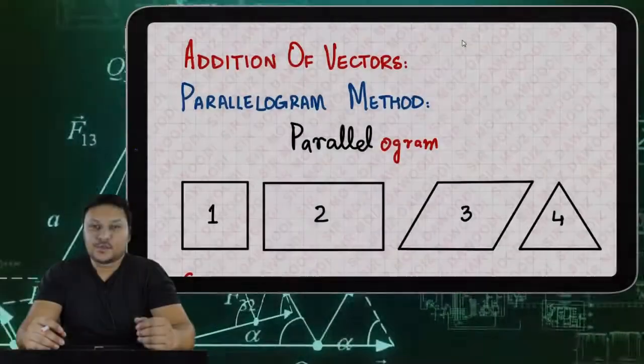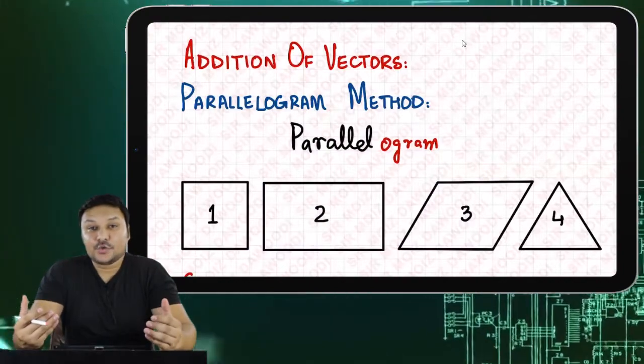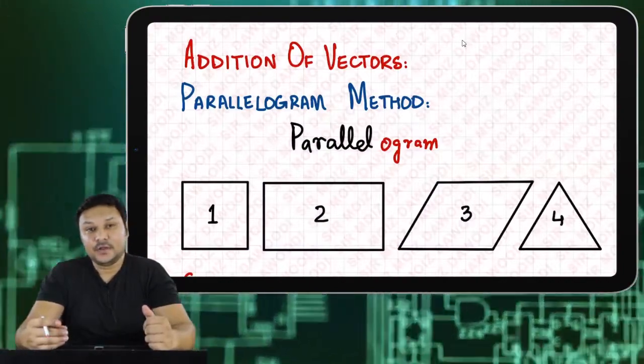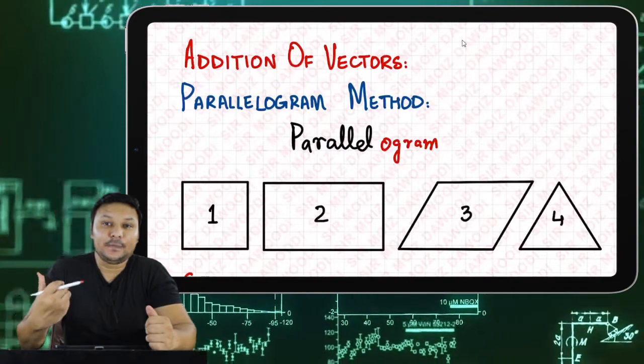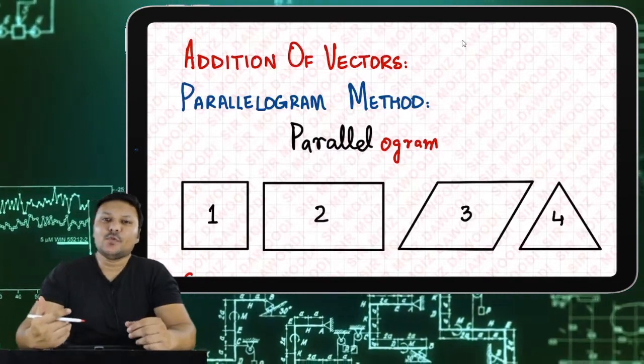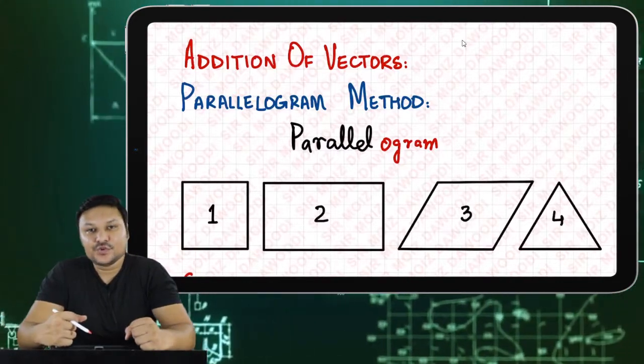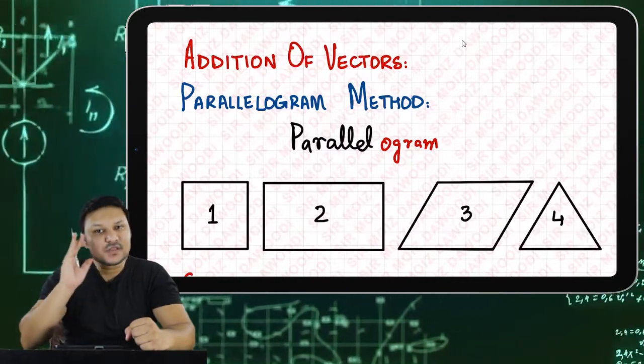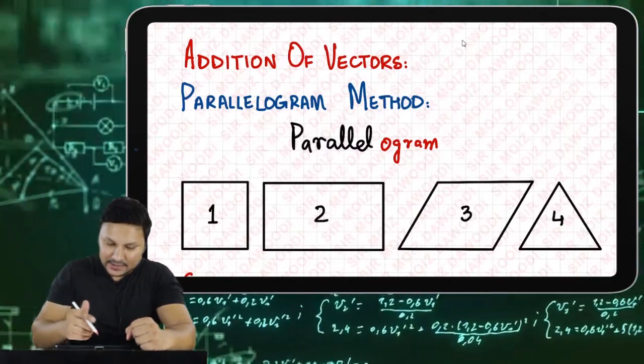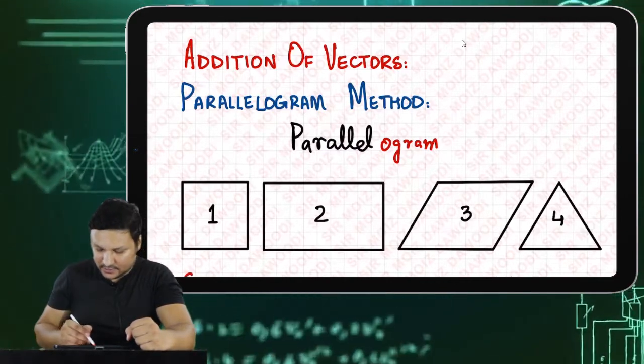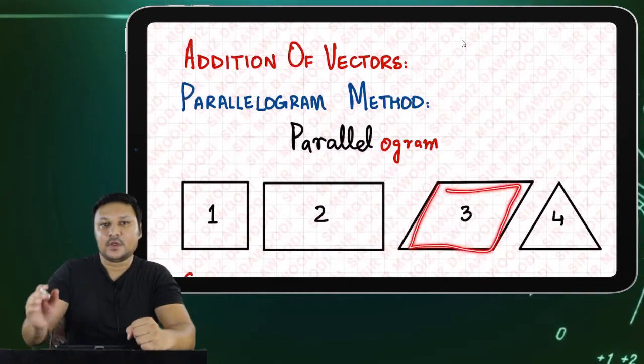So if you talk about addition of vector using parallelogram method, first of all, we need to understand what parallelogram is, because most of the time students have a confusion that parallelogram is only a slanted rectangle like the shape given in this type.